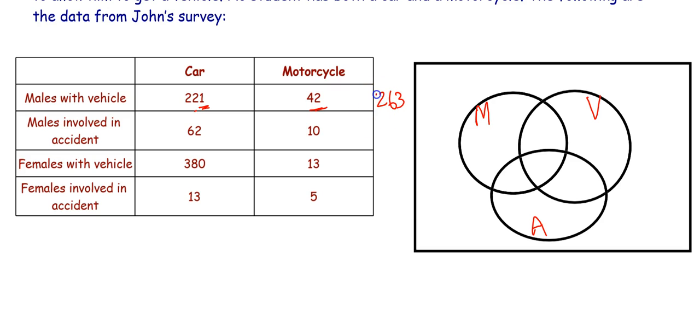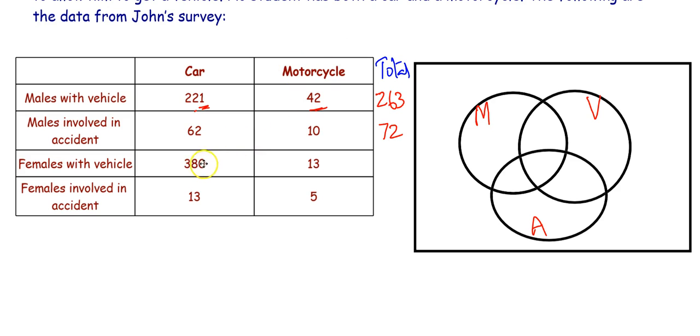That is the total of owners, and the total number of accidents that have taken place among these males is 62 plus 10, which is equal to 72. Right, let me mention total here. This is the total I have.